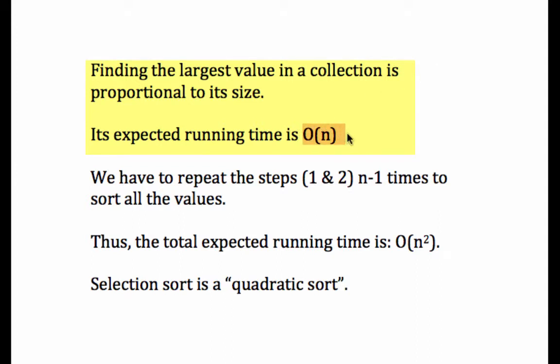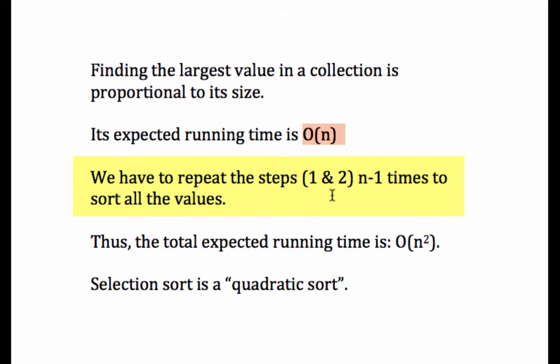It's simply terminology. The only thing we need to understand now is that this means that the task we're performing, in this case finding the largest value, is directly proportional to n. As the size n grows, the amount of time taken to find the largest value will increase. Now, we need to repeat step 1 and 2, find the largest and swap, to place the values in the right position, to sort them.